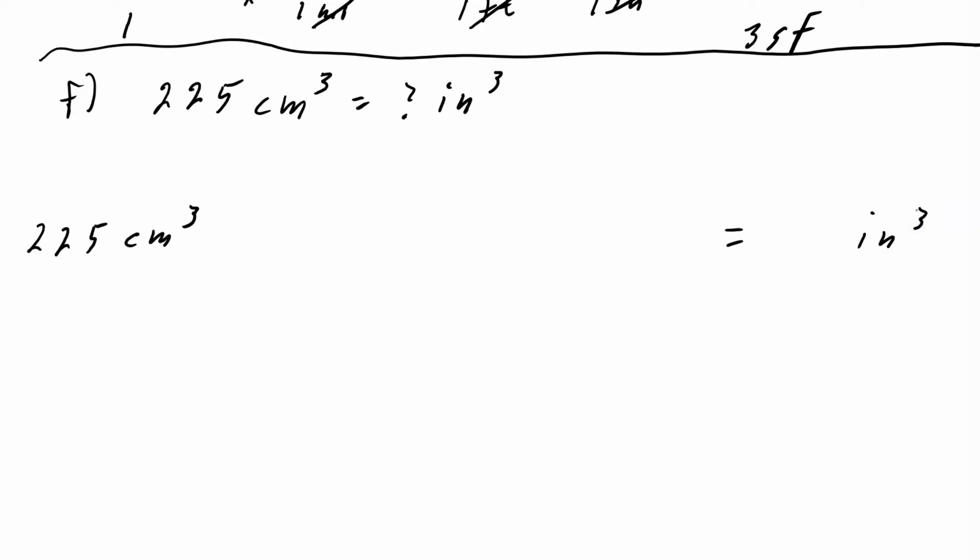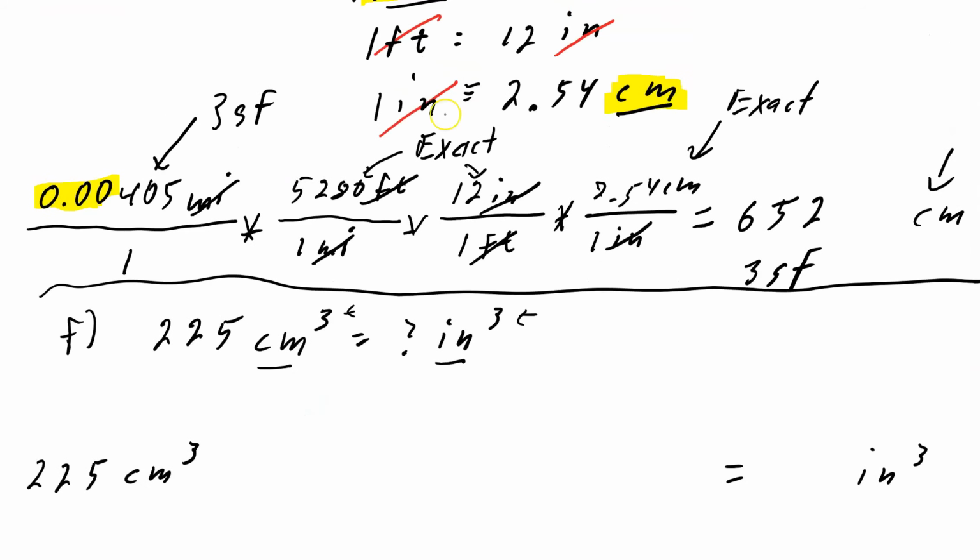Now, the way you start a problem like this is ignore the exponent for the time being. We're basically looking at centimeters to inches. We'll deal with the exponent later, but we need a conversion factor simply that converts centimeters to inches. We actually used that in the previous problem, 2.54 centimeters in 1 inch.